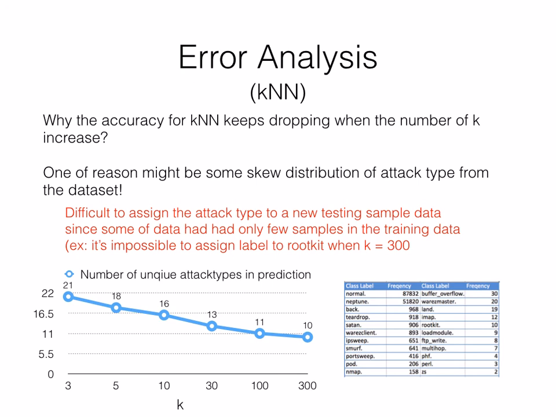As you can see, it is almost impossible to assign a label of rootkit. The rootkit only has about 10 samples, so if k is 300, even if the point is very close to many rootkit points, it's very difficult to assign the rootkit label to the testing sample.